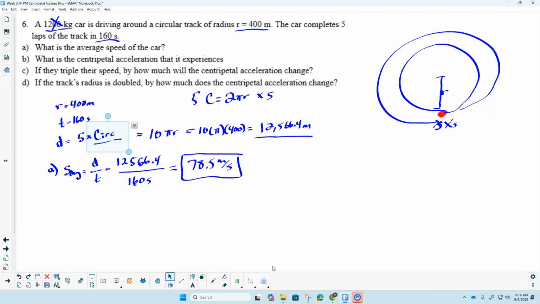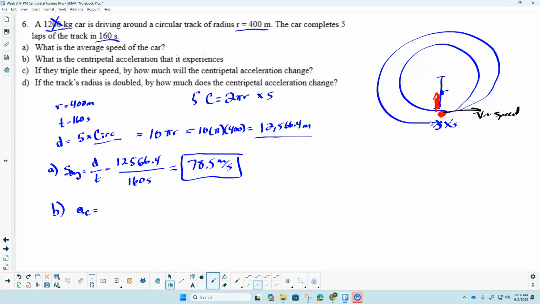Then part B wants to know the centripetal acceleration. So that's this center seeking acceleration. This velocity or speed is going forward, but V, if I call that V for velocity, which is really speed in this equation, the acceleration is pointing inward towards the center. So it always points inward towards the center, no matter where you're at.